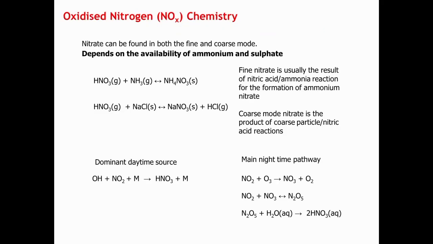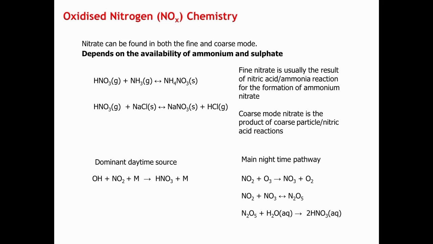Coming on to the oxidised nitrogen, what did we say earlier about nitric acid? Is it more or less volatile than sulfuric acid? More volatile. So it's less likely to form particles. Okay? But nitric acid plus ammonia can form ammonium nitrate.